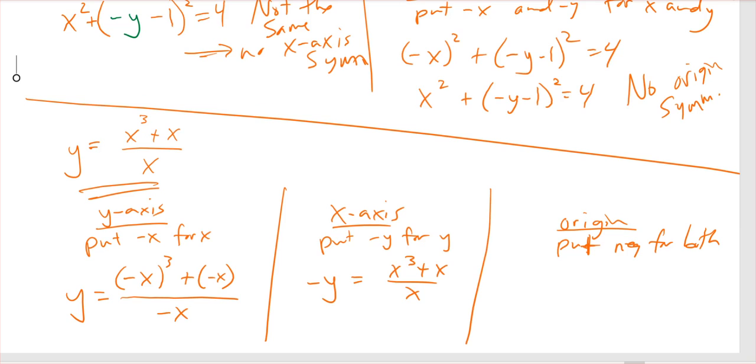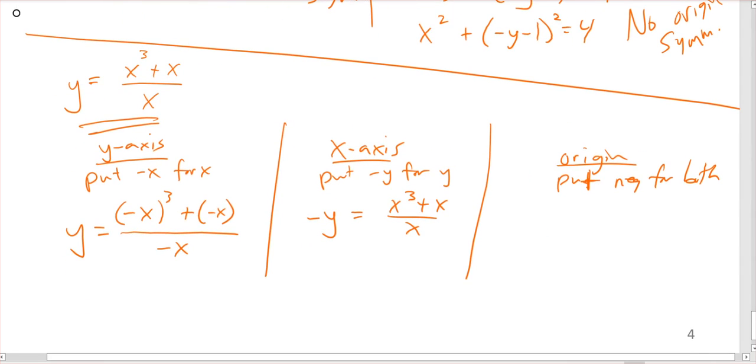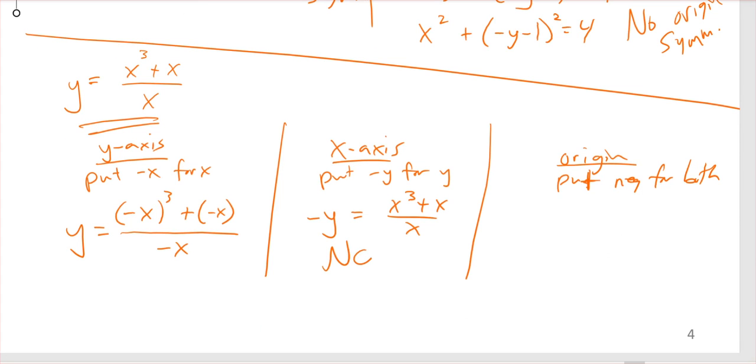So at that point with this one, we're pretty clear that this is not the same, right? We got a negative on one side here. We don't have a negative here. We've got this stuff's all the same though. So we're going to say a big old no on that one. Origin symmetry. So we're going to put a negative for both. So we got a negative y in there, and then we've got a negative x cubed plus negative x over negative x.